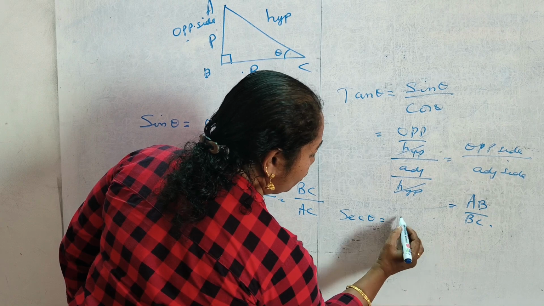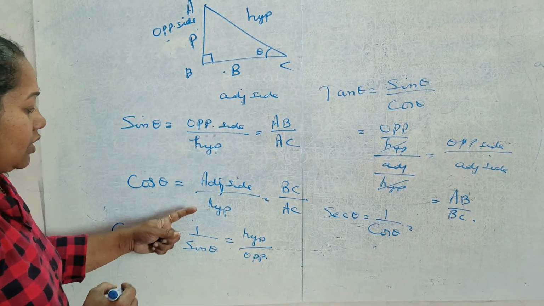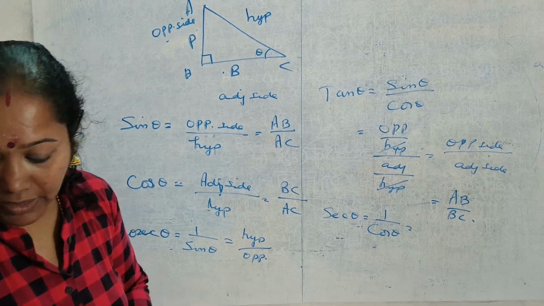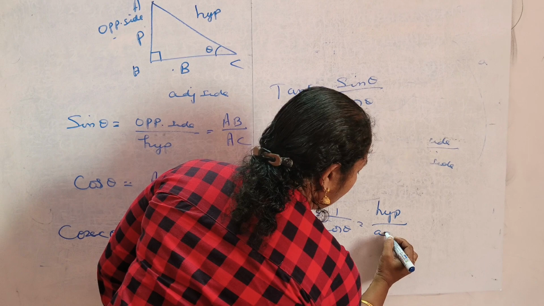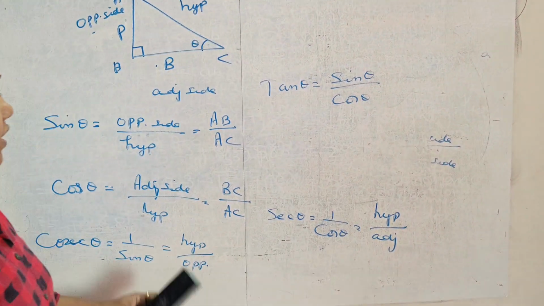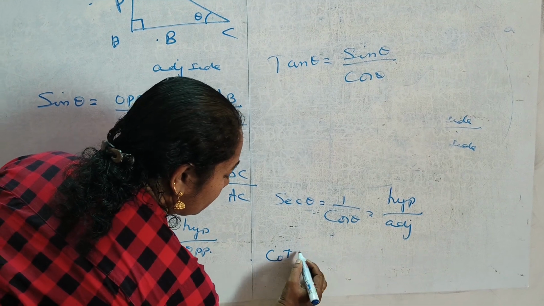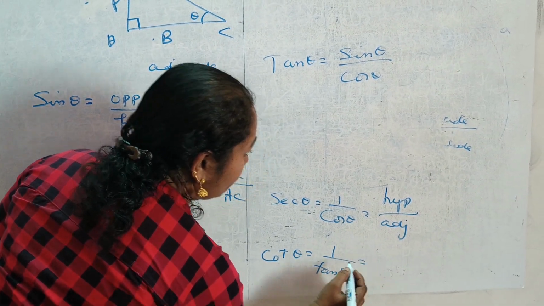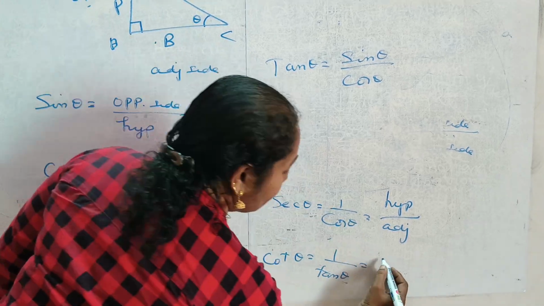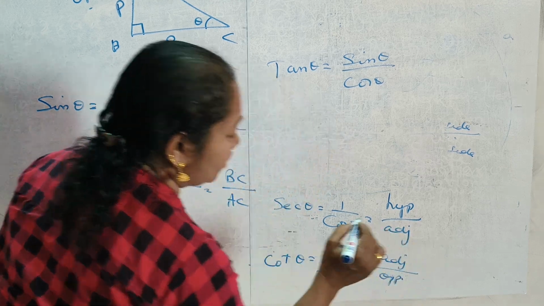Sec theta is equal to 1 by cos theta, the reciprocal of cos theta. That is hypotenuse upon adjacent side. And the next one is cot theta. Cot theta means 1 by tan theta, that is adjacent side upon opposite side.